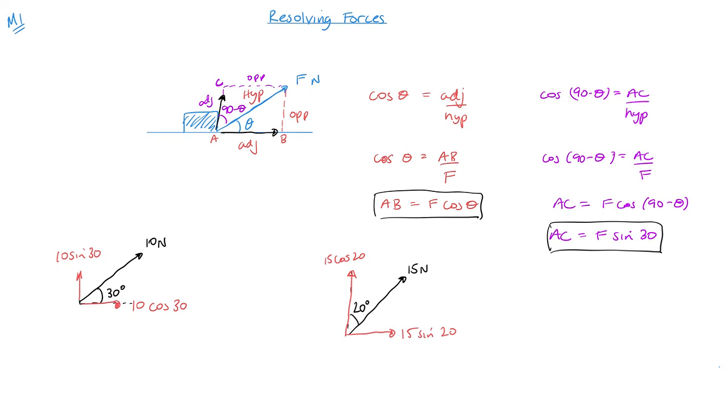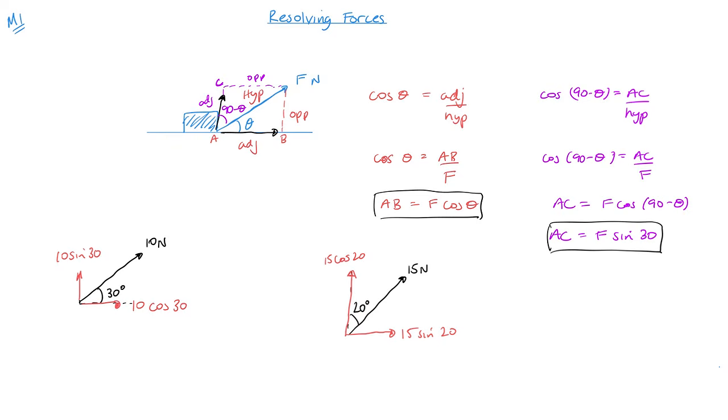So it's always cos of the angle that you know that it makes with either the vertical or the horizontal, and then the other one is sine, and that's where you're looking at the 90 minus angle. This one makes 20 degrees with the vertical, so that's why it's 15 cos 20, and this angle here that it makes with the horizontal is the 90 minus that, which is why it's the sine.